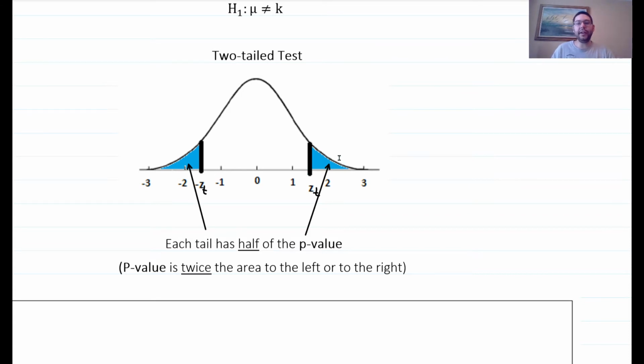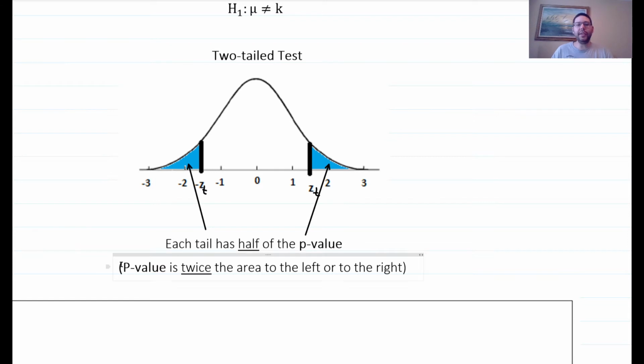Now here's the key that you want to be concerned with here. Because each tail has a p-value, that means that each tail has half of the p-value. So if the p-value was 5%, each tail would have 2.5%, okay? If the p-value was 10%, each tail would have 5%. So I want you to be careful with that.